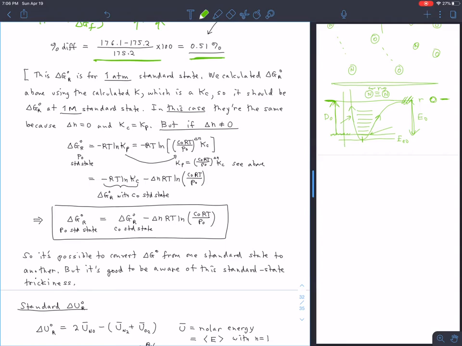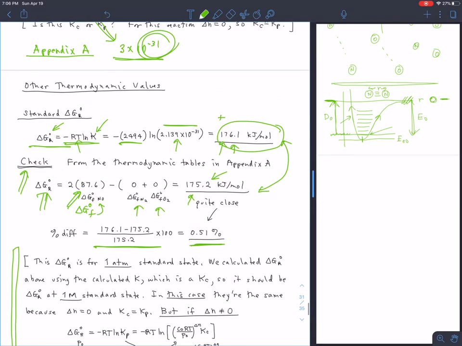There is a technical issue here, and I discuss it in this little section of the notes. We actually calculated this deltaG assuming, remember, 1 molar standard state and assuming activities that are based on molar concentration. But then we calculated this deltaG from the tables for gases where the standard state is 1 atmosphere and the activity would be based on pressure in atmosphere units.